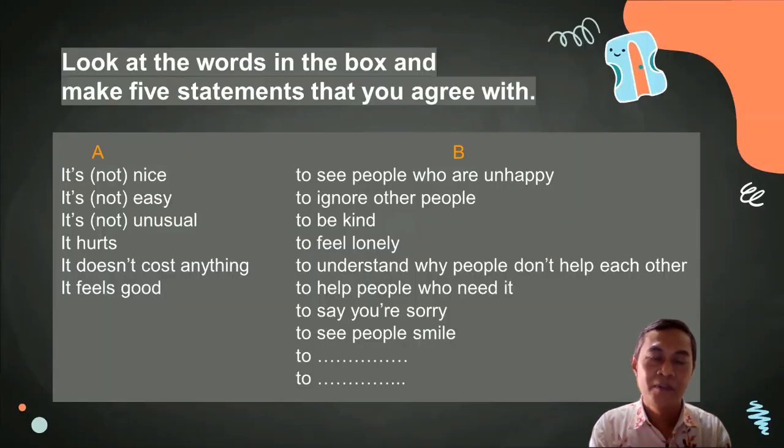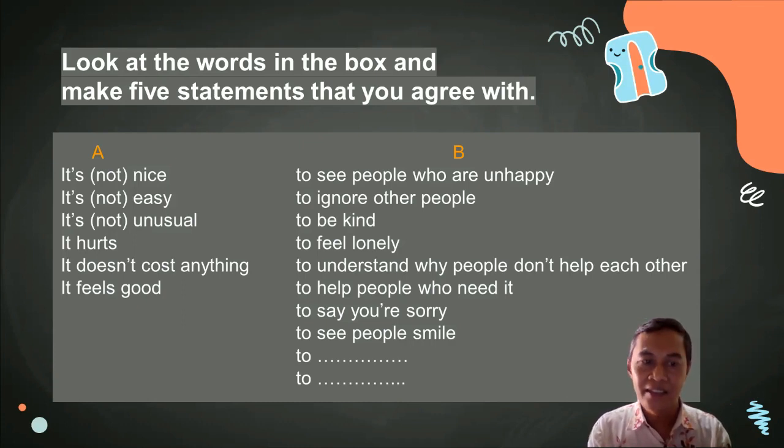Next one. Oh, we have the other exercise here. Okay, learners, now we have this kind of exercise. Look at the words in the box and make 5 statements that you agree with. You need to match between column A and column B. For example, it's not nice or it's nice.